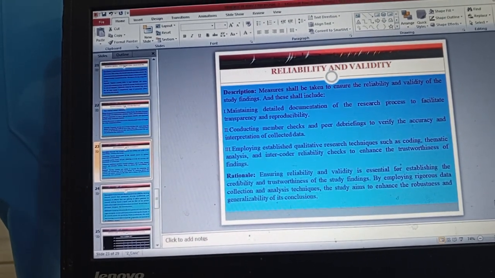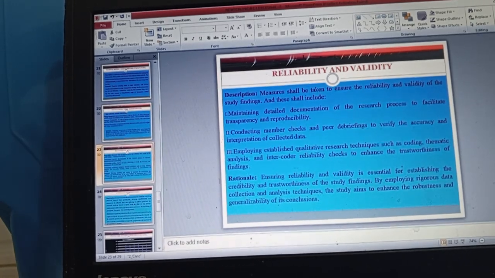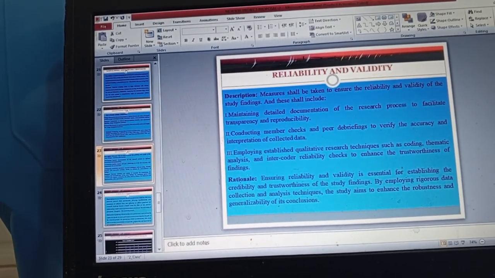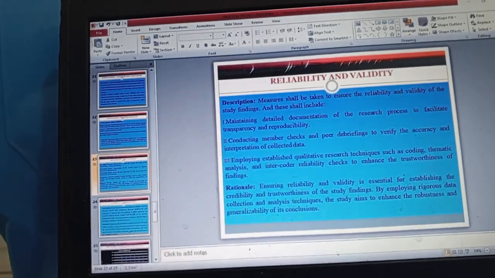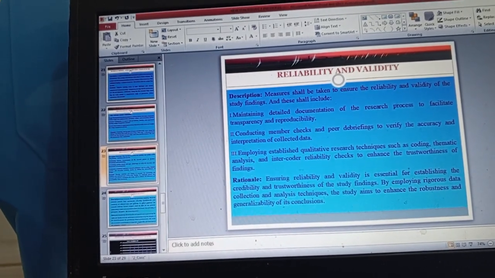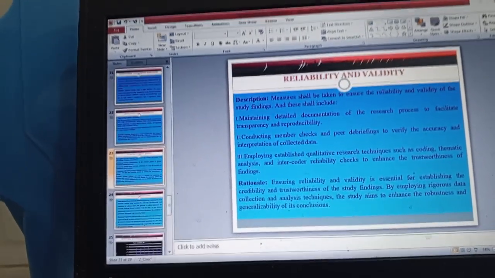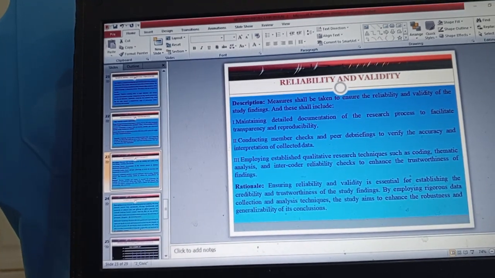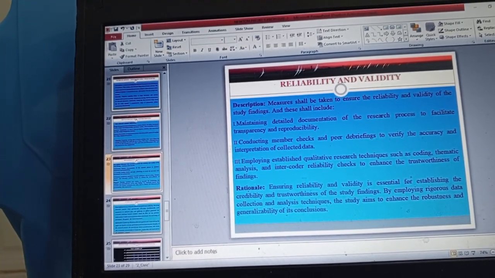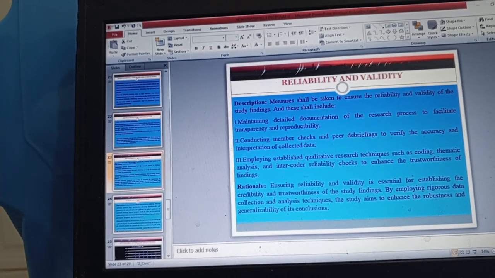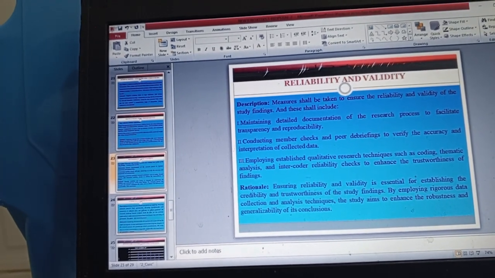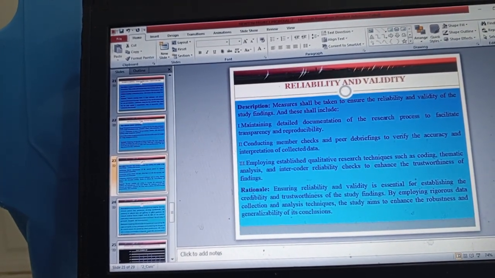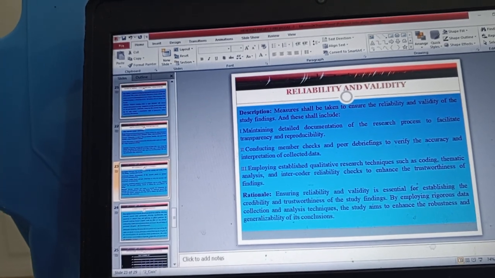Then the other one is conducting member checks and peer debriefings to verify the accuracy and the interpretation of collected data. Then the other one is employing established qualitative research techniques such as coding, thematic analysis, and intercoder reliability checks to enhance the trustworthiness of the findings.